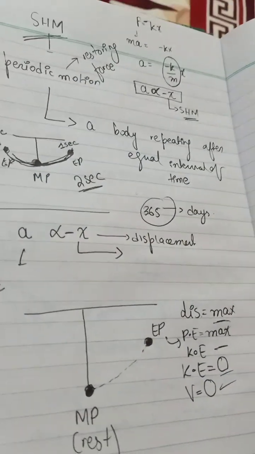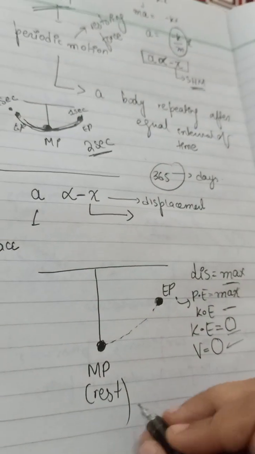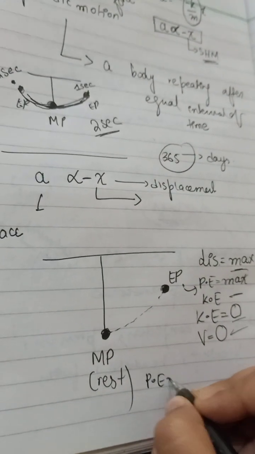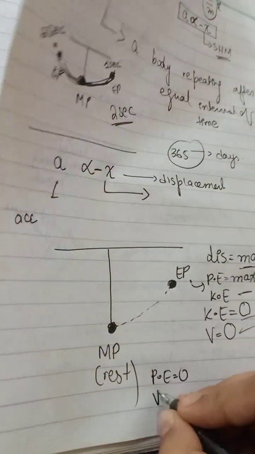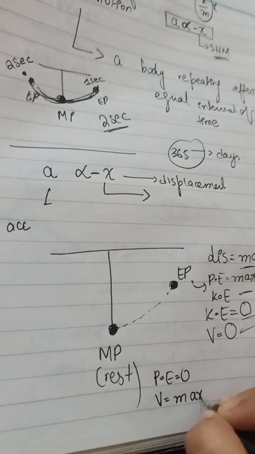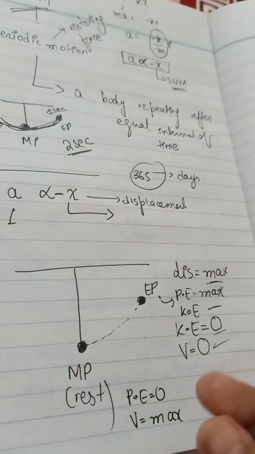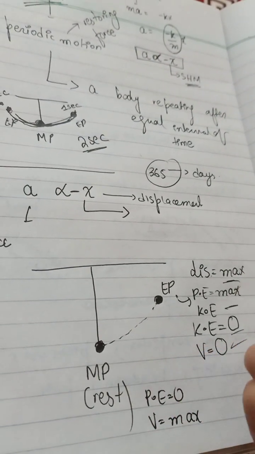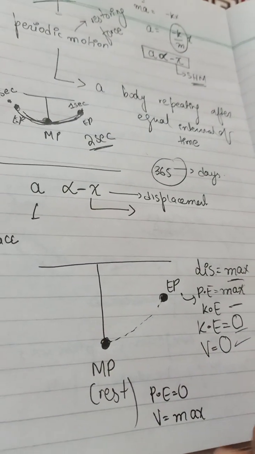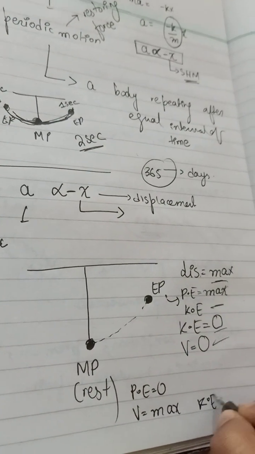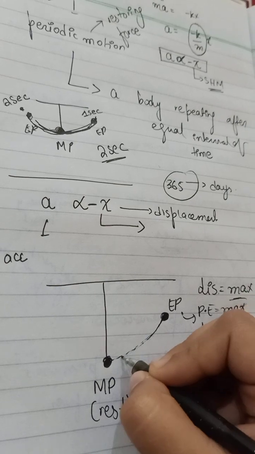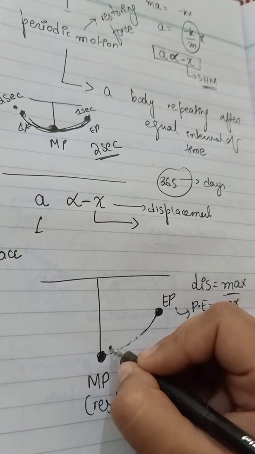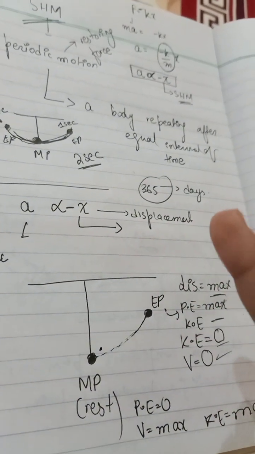Now at the mean position, the resting point, the potential energy is 0 because there is no height, and the velocity is maximum. The kinetic energy is also at its maximum here.